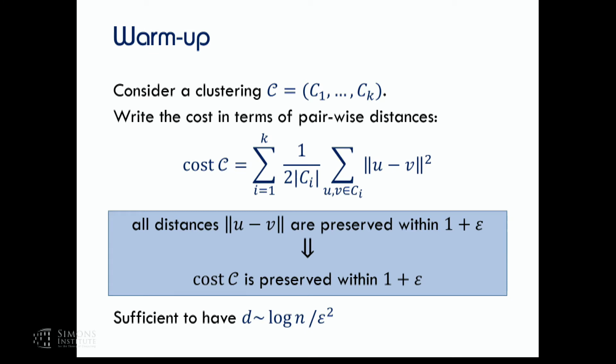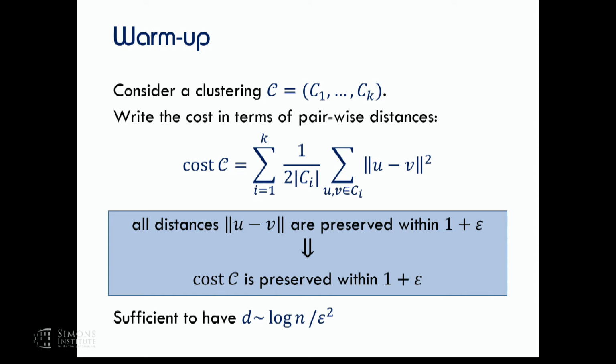We just take the sum of all pairwise distances inside of each cluster, and we normalize it appropriately. Now, if the dimension is logarithmic in n, then all pairwise distances between the points in X are approximately preserved up to 1 plus epsilon. Therefore, all these terms are approximately preserved, and we get that the cost of every clustering is approximately preserved.